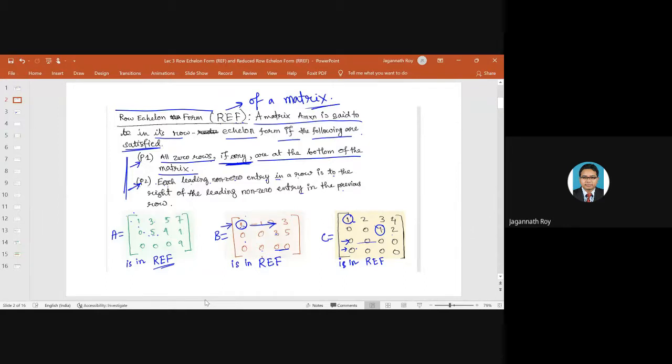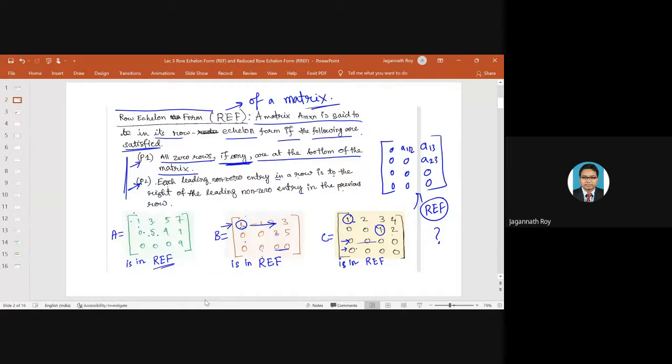There is a question: it can happen that we have a matrix with rows like 0, 0, 0, A12, then A13, then A23, and then probably zero rows at the end. Whether it is in REF?